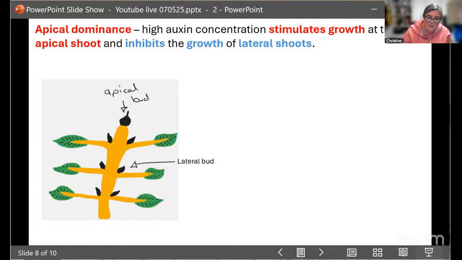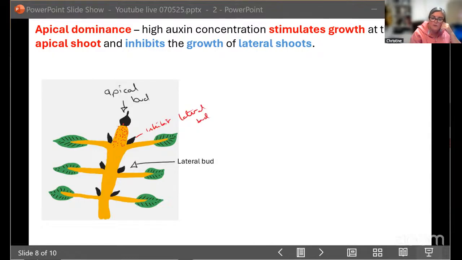Remember that the auxin is going to diffuse from the apical meristem down through the stem. It's going to be at a high concentration up at the apical bud, therefore ensuring that the plant is going to grow upwards. If you have a high enough concentration, that is going to inhibit the lateral bud.